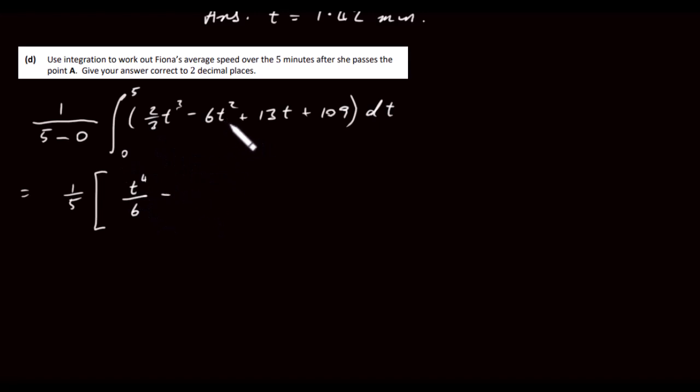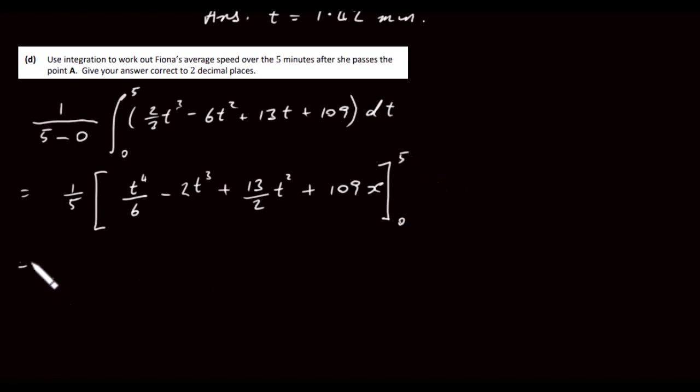Increase this one here by 1, so that's going to be t cubed over 3, and the 3 will go into 6 twice, so that's going to be 2 here. Increase the power here by 1 to 2, so that's going to be t squared over 2. Then we've got to increase the power here by 1, so from 0 to 1, so that's t. And we are integrating between 0 and 5.